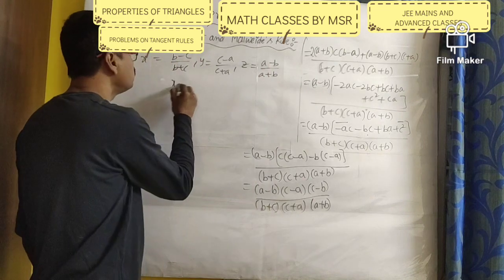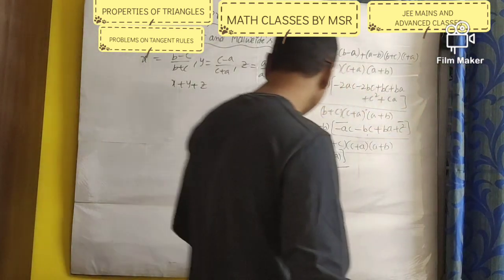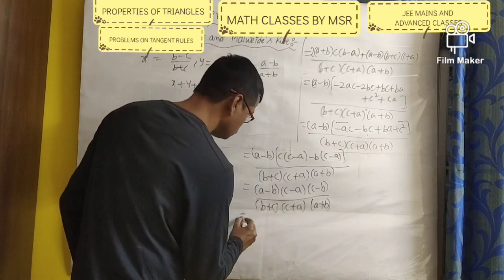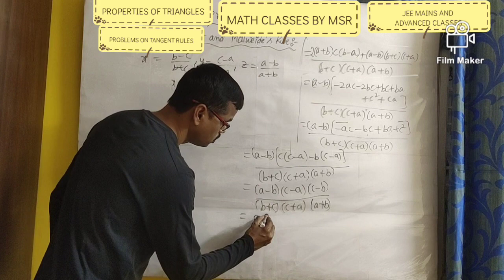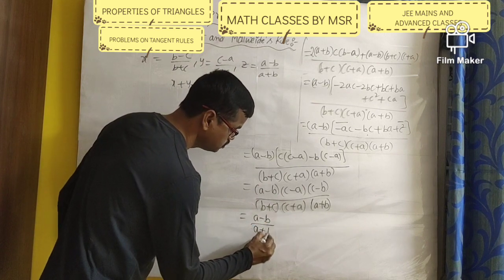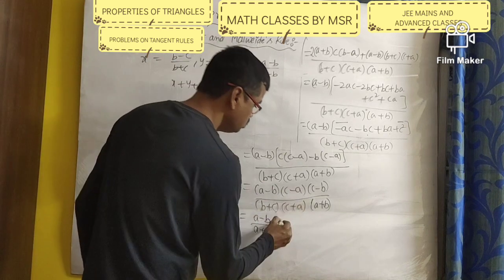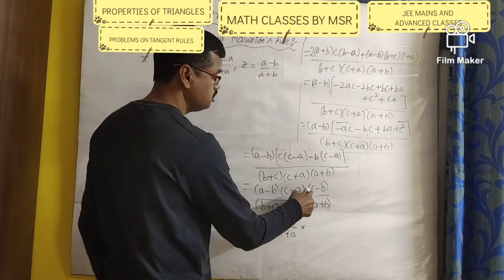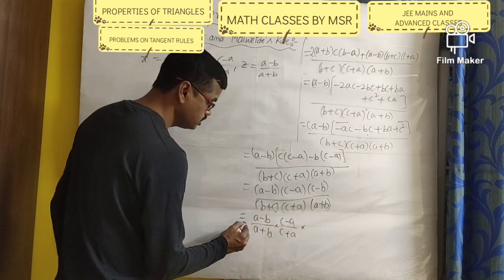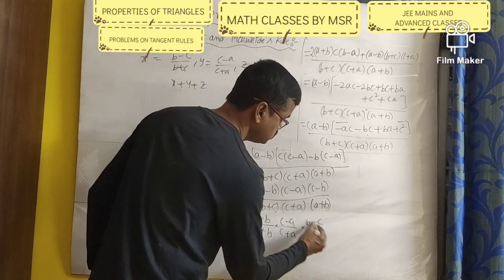Now we are finding the value of x plus y plus z, right? So what is the value of x plus y plus z? We will check it out. So I will write like this, a minus b by a plus b, into c minus a by c plus a, into, here c minus b is there, no, so I will take minus common, it becomes b minus c by b plus c.